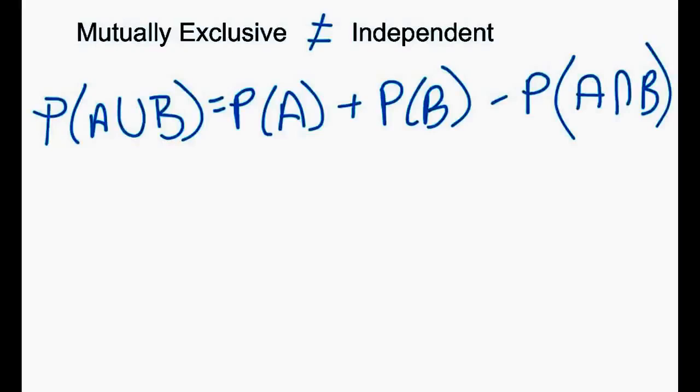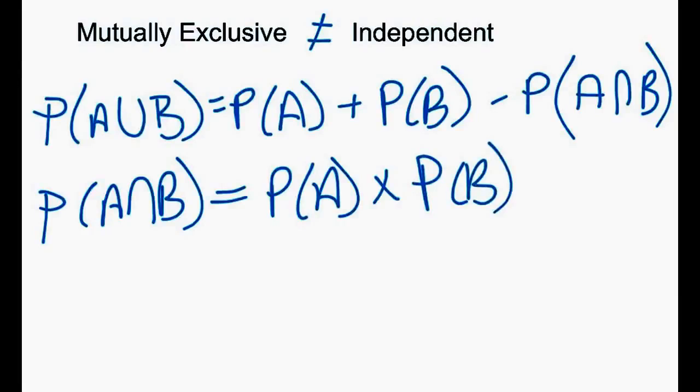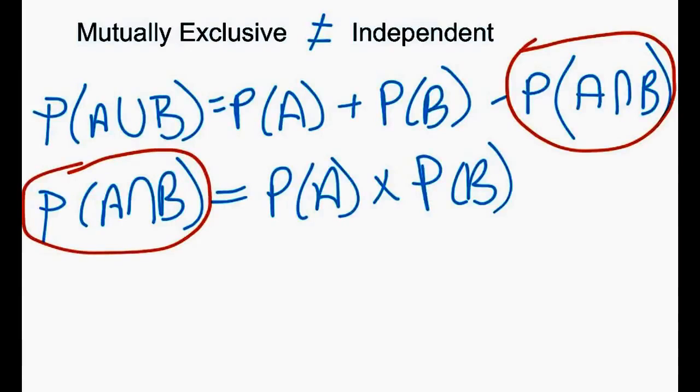And for independent, we have A and B equals A times B if it's independent, or B given A if it's dependent. So it doesn't matter, but you can see these two formulas are totally different, but they do overlap because this overlap and this can be used exactly the same. So when you get questions where they give you the probabilities, you might have to use the formulas to help you figure them out. So let's do one quick example.